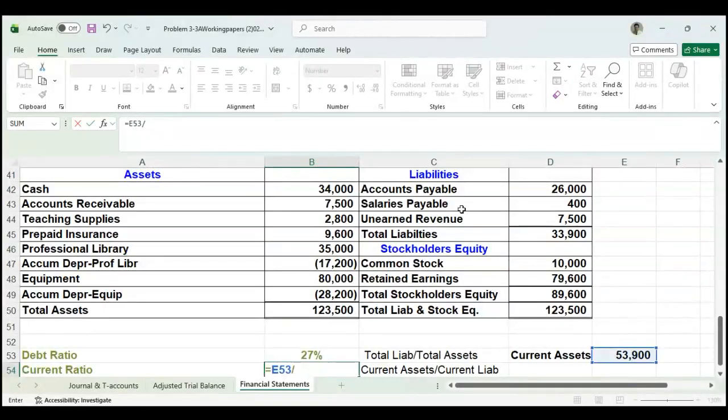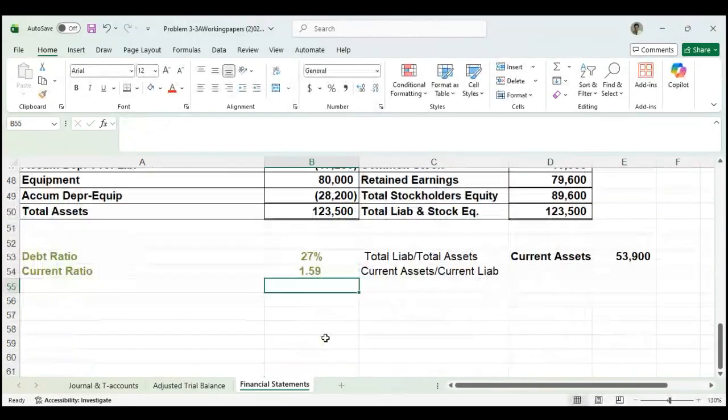In this case, all of our liabilities are current. That's not normally the case. So if we had long-term liabilities, we would not include them in the current ratio, right? But in this case, all of them are current. So the current ratio is 1.59.